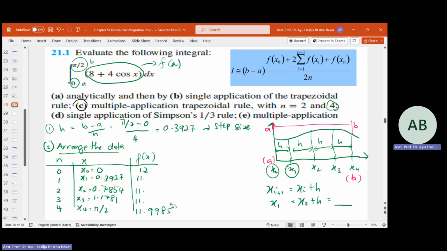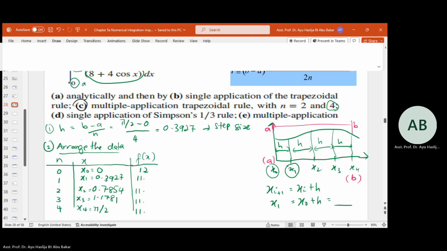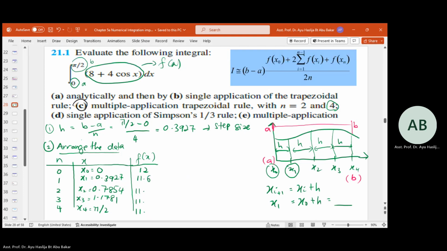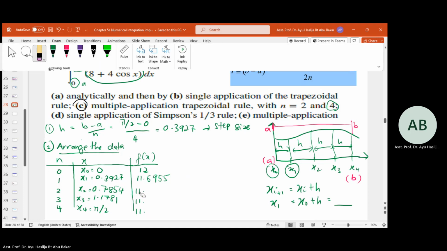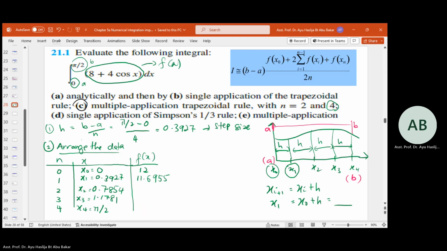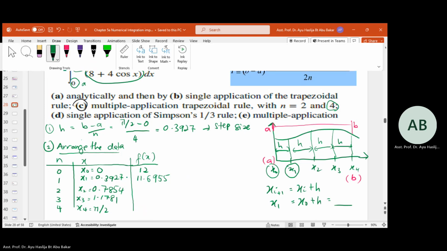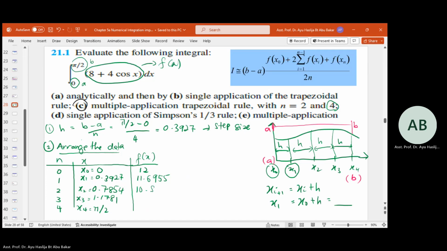Maybe this one I calculated using degree. Is it the same as yours or different?